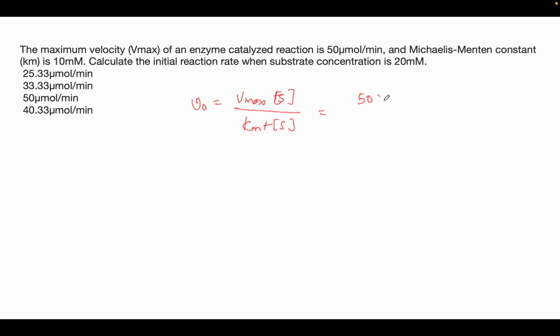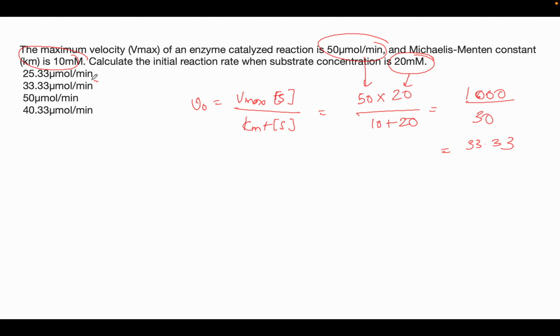Okay, so this is 50 into 20 upon 10 plus 20. This is our Vmax, this is substrate, and Km is 10. So this will be 1000 upon 30, which is 33.33. So correct answer is 33.33 micromole per minute.